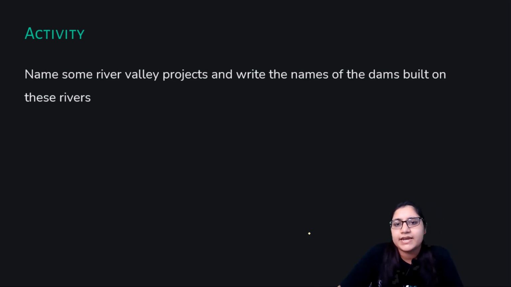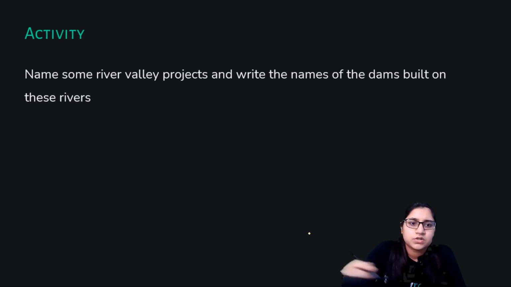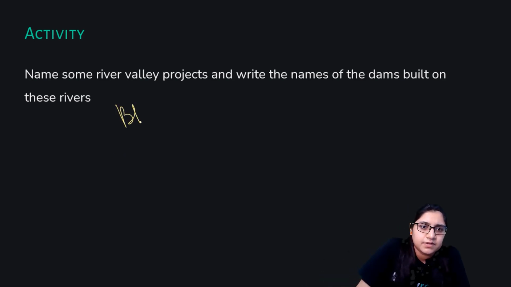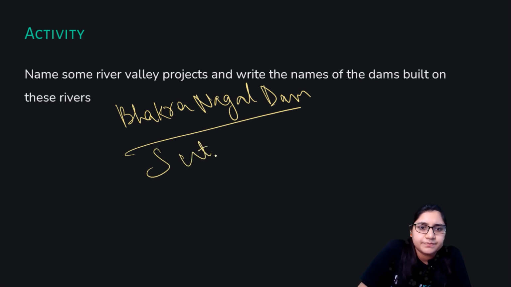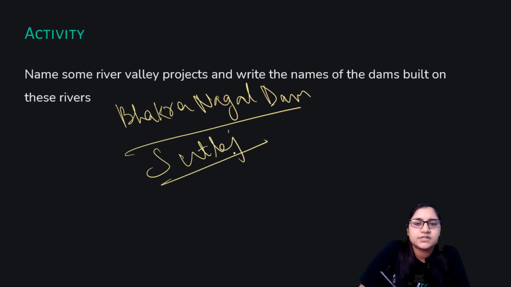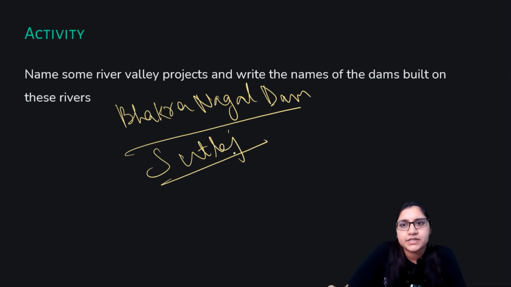Name some river valley projects and write names of the dams built on these rivers. You can have Bhakra Nangal Dam, and we'll be having a video also on Satluj River, Sardar Sarovar Reservoir.